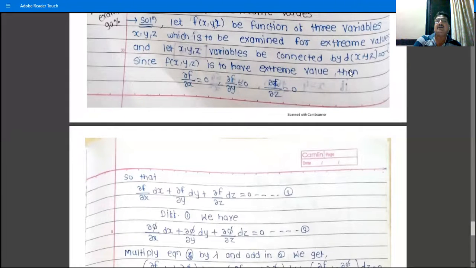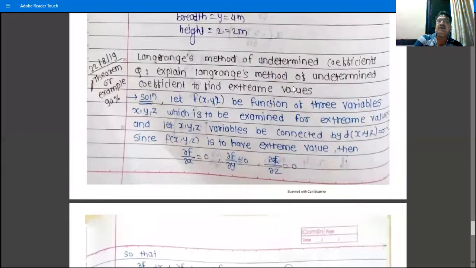This is another relation between x, y, z, called a constraint. One condition is given. So the function is given and one condition is given in the example.